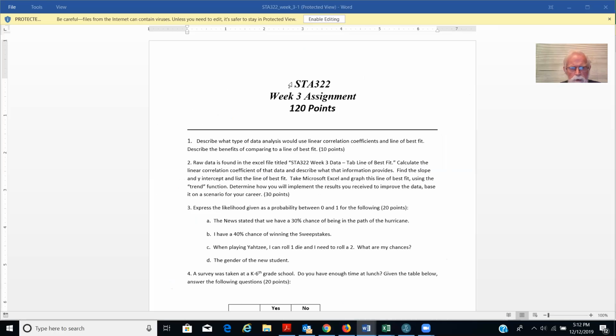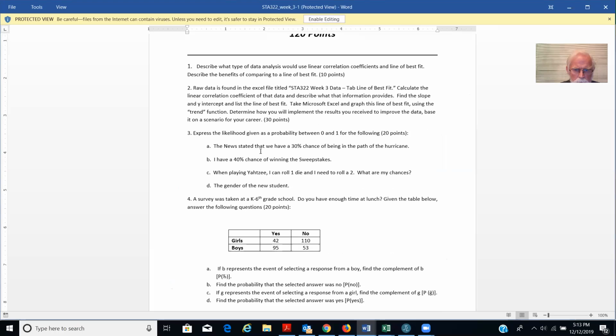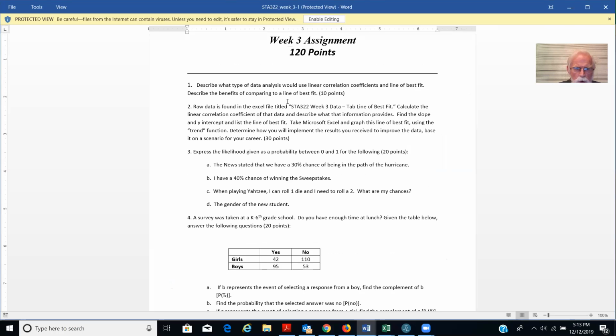Okay, so here's the week 3 assignment that we had, and we're looking at a variety of different things. We talked about the material related to probabilities in questions 3, 4, etc. I want to talk about what we do for answering the first 2 questions of this assignment.